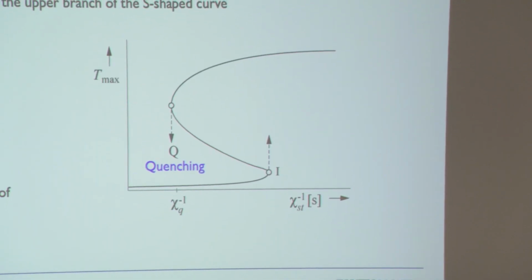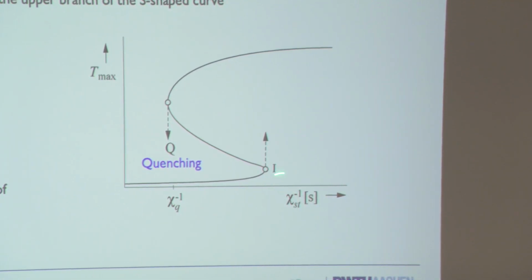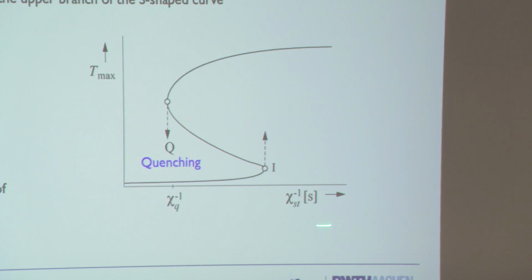So this is a numerical number. I would divide this by a chemical time scale, then it is a numerical number. Usually people plot it like this because it is a non-dimensional number.